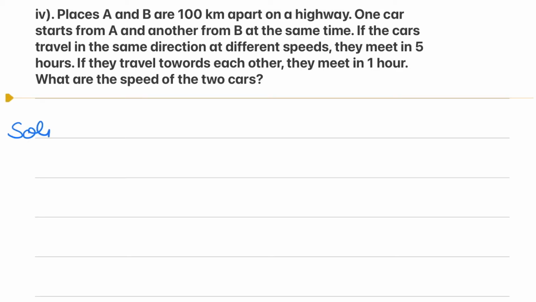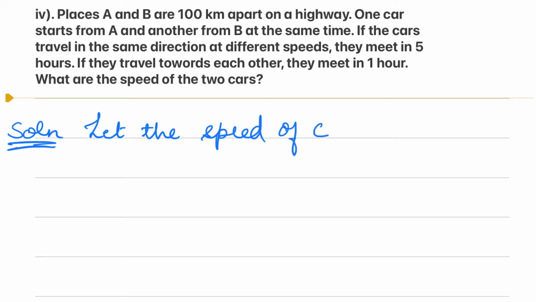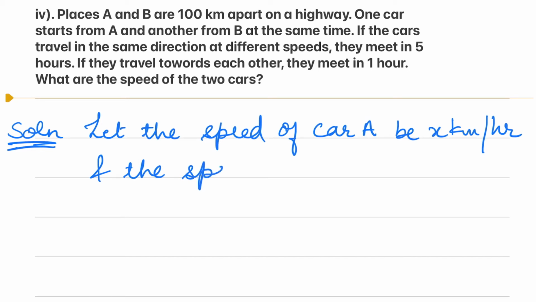So we have, let the speed of car A be x kilometer per hour and the speed of car B be y kilometer per hour.